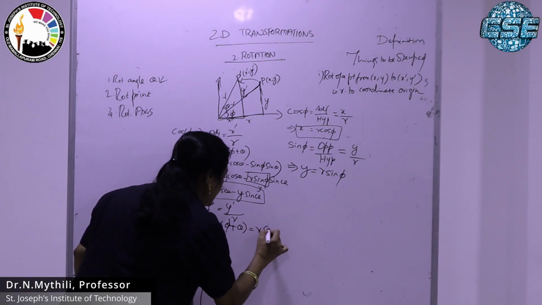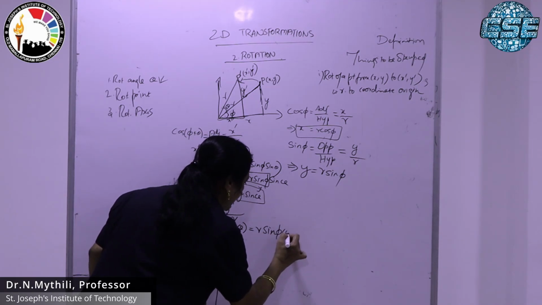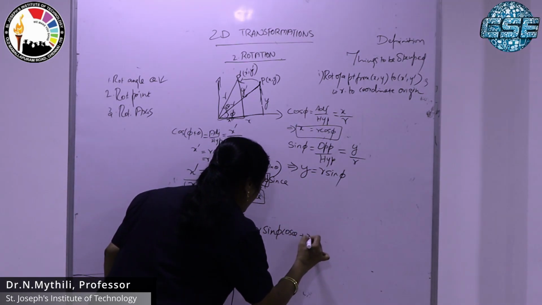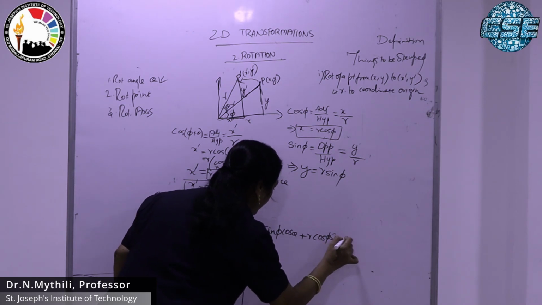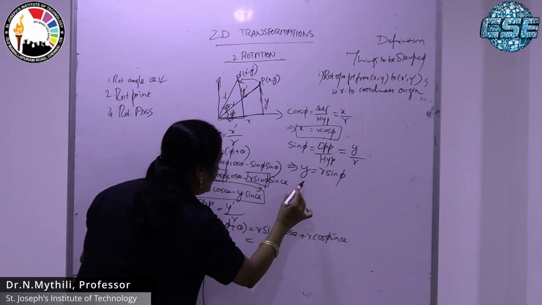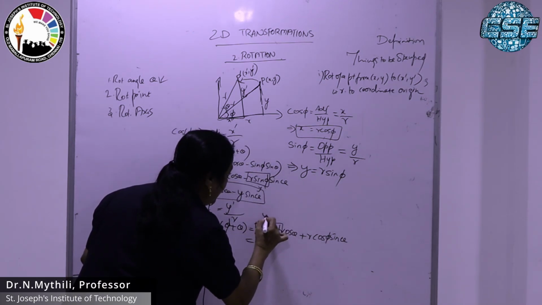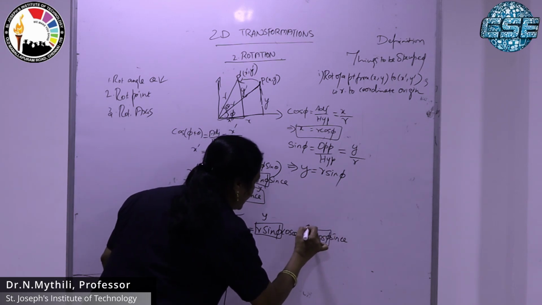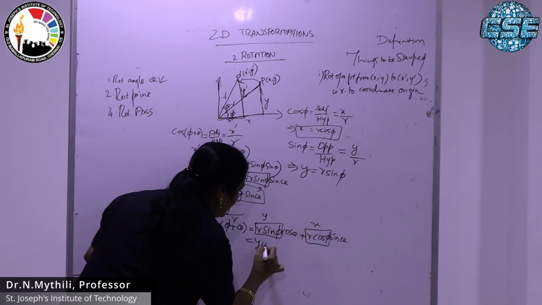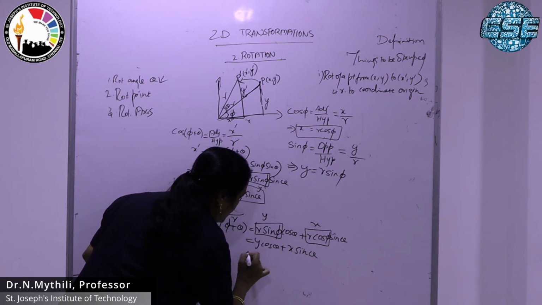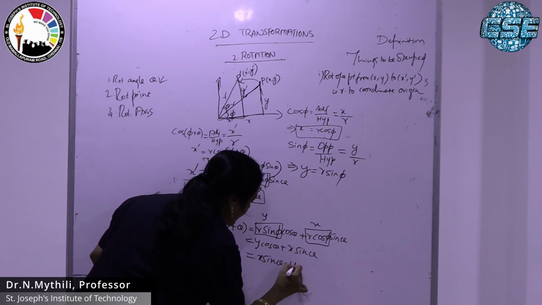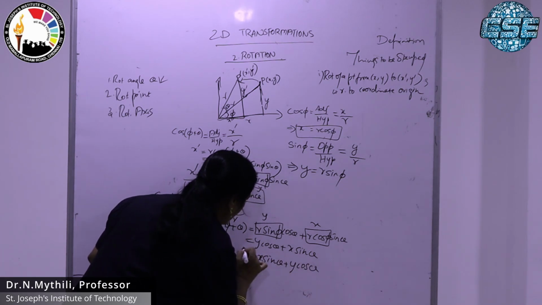So when you replace r sin phi with y, r cos phi with x, we get x sin theta plus y cos theta. This is y dash.